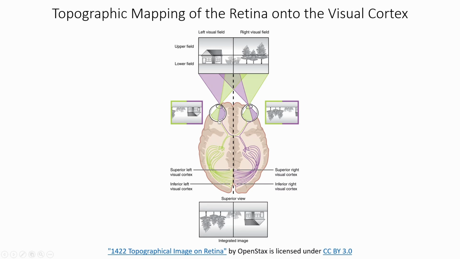Because of the wiring, here's what we can see with the left eye. We have stuff that's on the very left and stuff that's kind of in the center right, but because of the way it hits, it gets carried over to the right. The right side of this eye's vision is going to hit the left side, so it's going to be processed by the left.